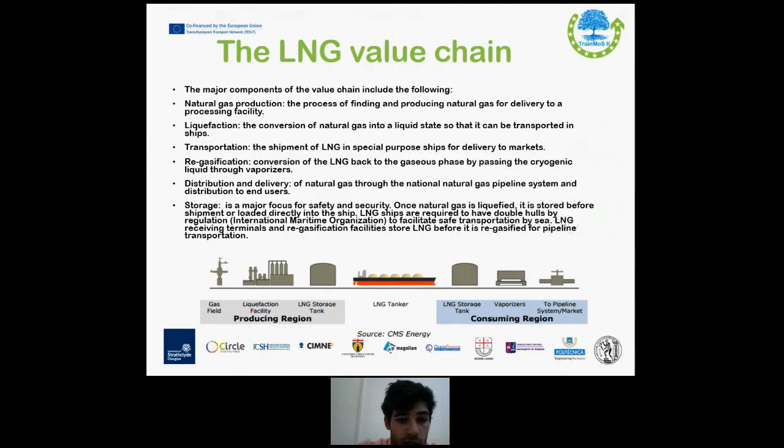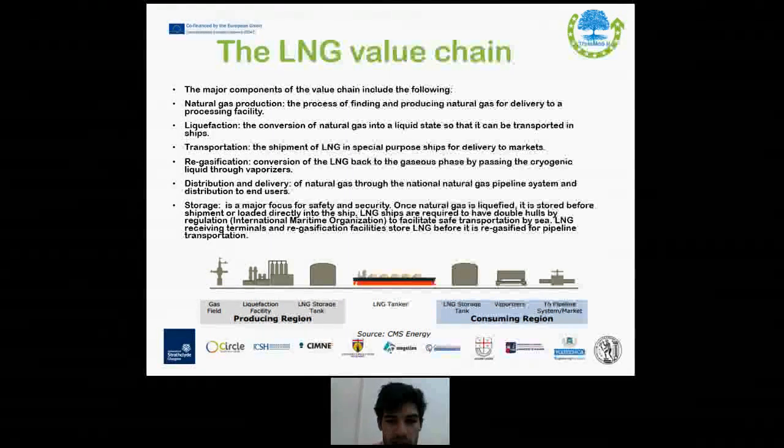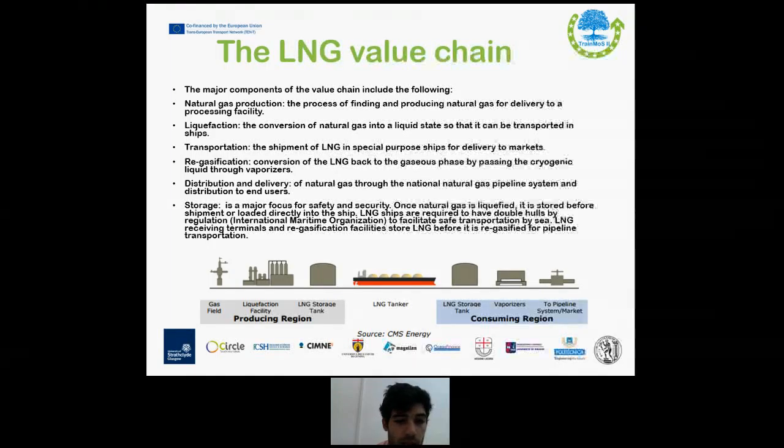Then we move to the liquefaction, the conversion of natural gas into a liquid state so that it can be transported in ships. And we have the transportation leg, the shipment of LNG in special purpose ships for delivery to markets.